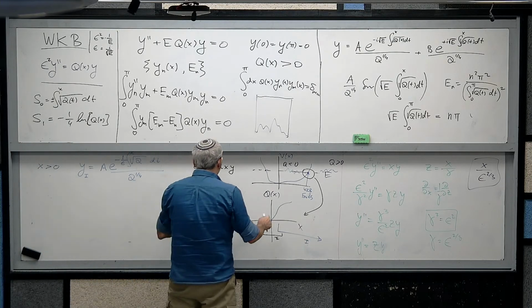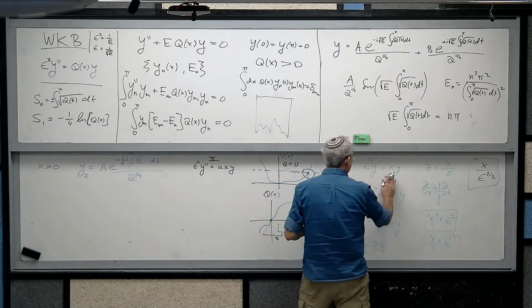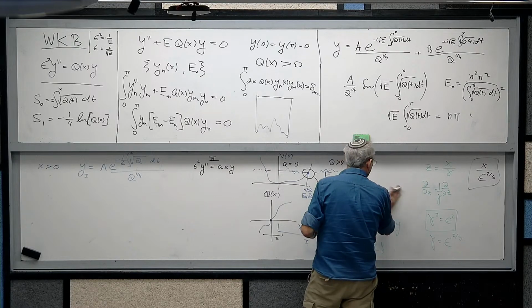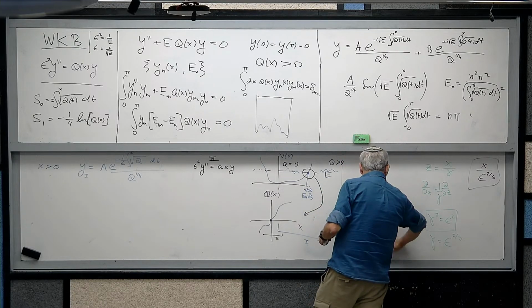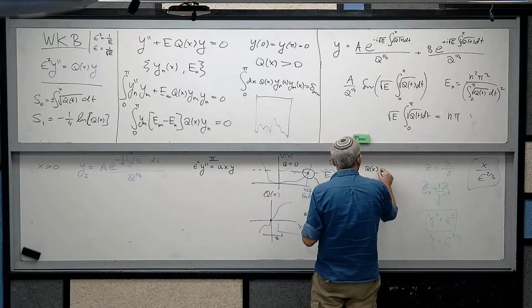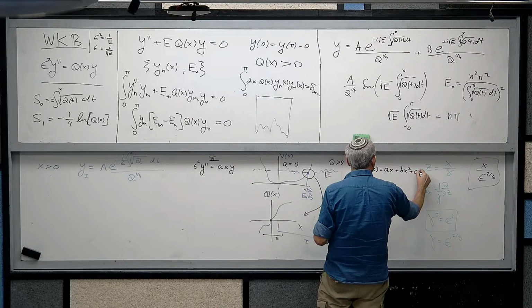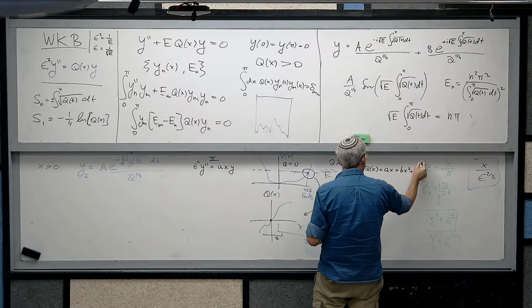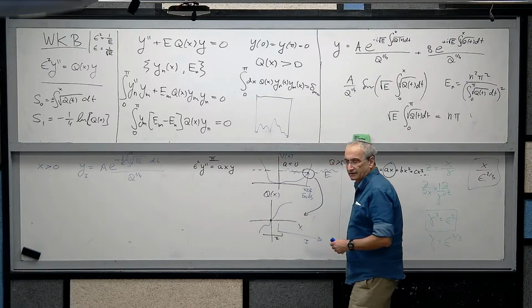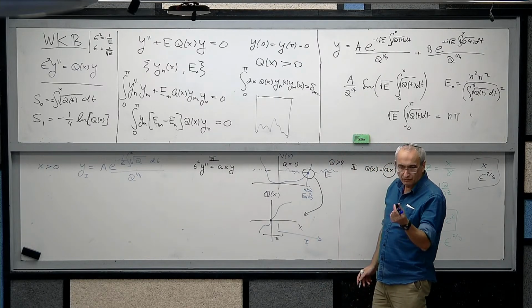Again, what I'm doing, let me just write something here: in region 2, q of x is ax plus bx squared plus cx cubed and so on and so forth, and I'm taking only the ax, assuming that I'm close enough to 0.